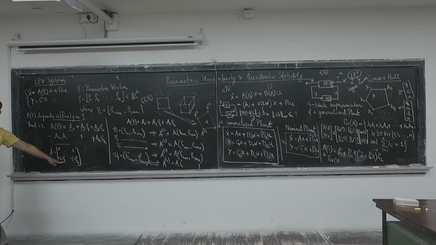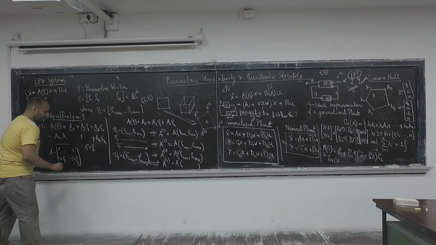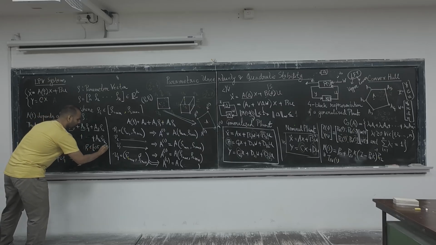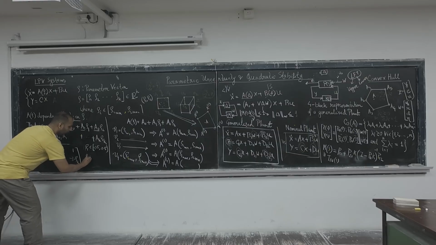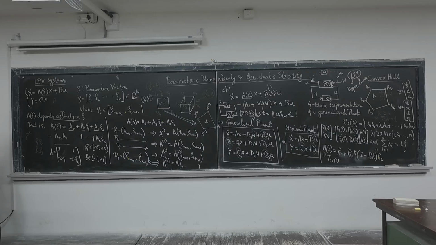Now here, suppose rho 1 varies from minus 0.5 to 0.5, and suppose rho 2 varies from minus 1 to plus 1. Now your A power 1 means, in place of rho 1, you put minus 0.5, and rho 2 equals minus 1.